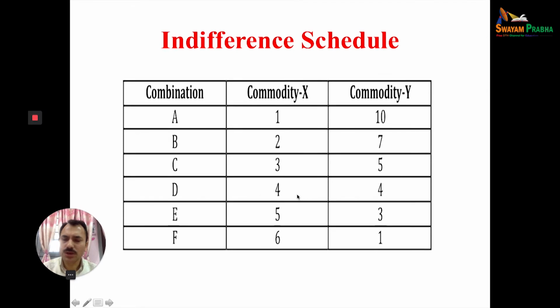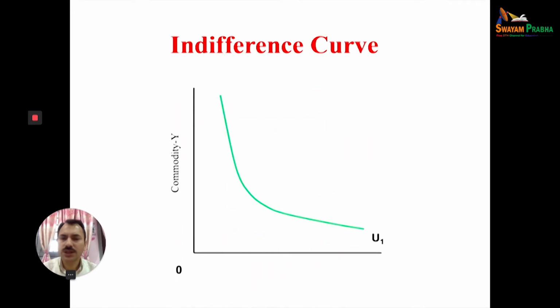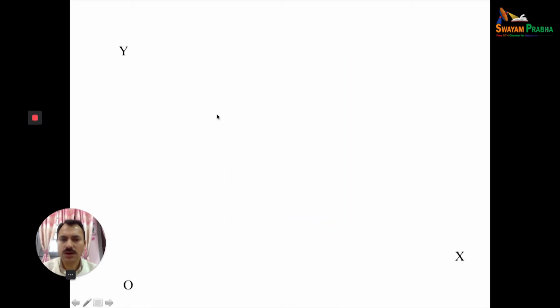For combination D, 4 and 4, when he purchases, the satisfaction level will be the same. Any combination the consumer purchases will give equal satisfaction. Any combination on this graph.